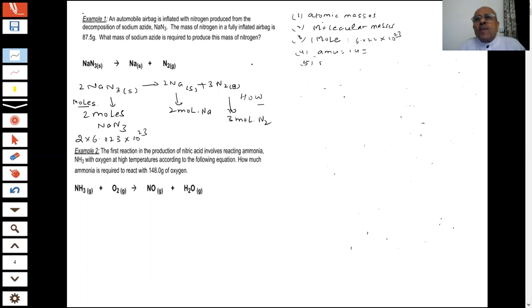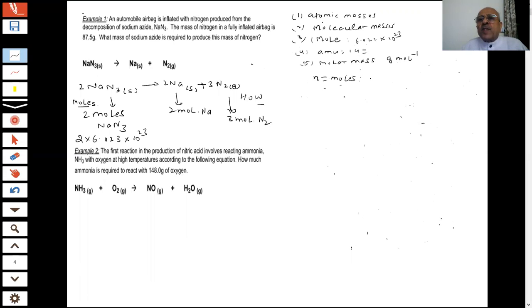Then we learned molar mass, which is represented in gram per mole. It is the mass of 1 mole. So if I say n moles of a substance, how do we calculate n?